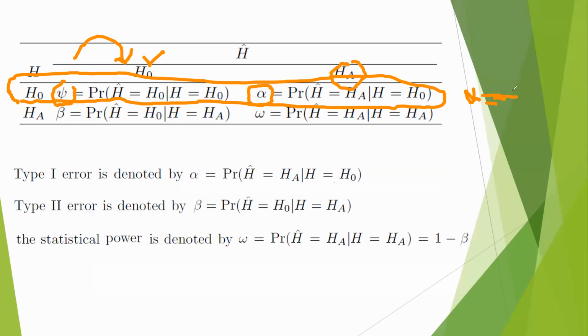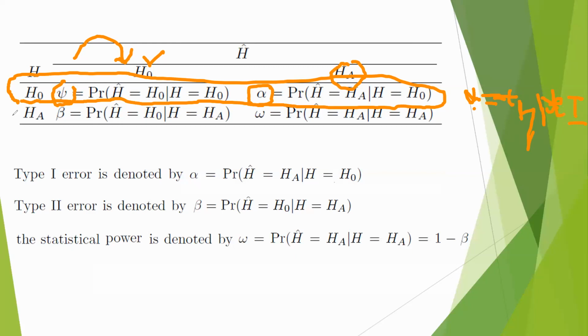This is something that we usually see, right? The alpha, type 1 error. In a usual situation, we set alpha equal to 0.05. That's the tolerance rate, the maximum type 1 error we can tolerate. All right, so that's the type 1 error.